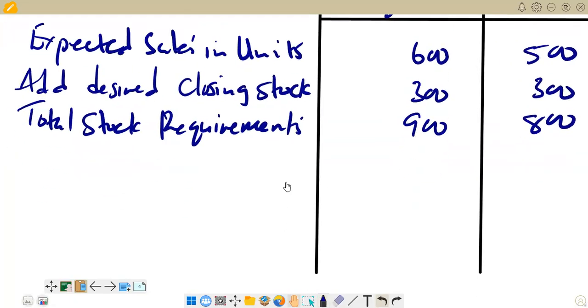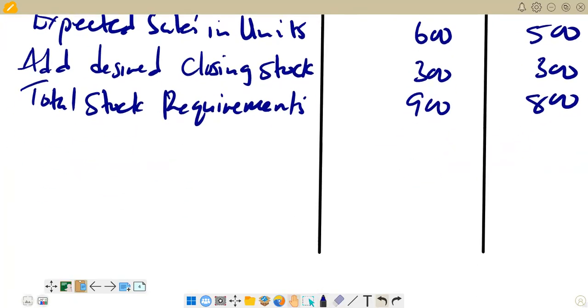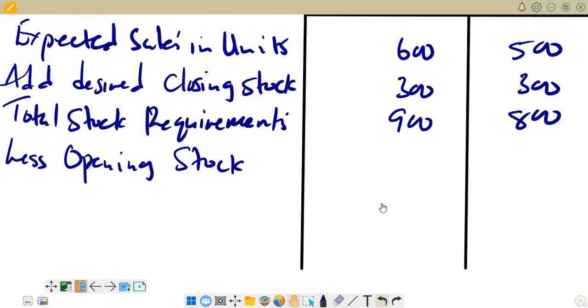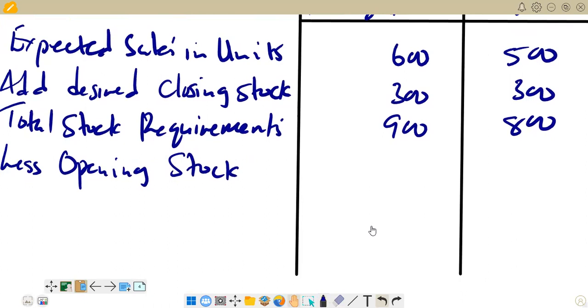Then beneath that, we want to see what we are supposed to do. We are getting total stock requirements. Then finally we are subtracting opening stock. So here we are saying less opening stock. Now we go back to see what figures we have in terms of our opening stock.